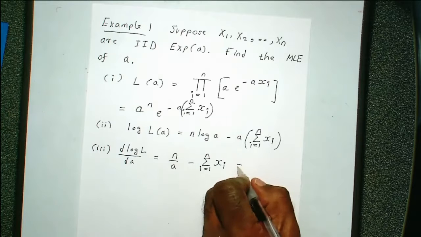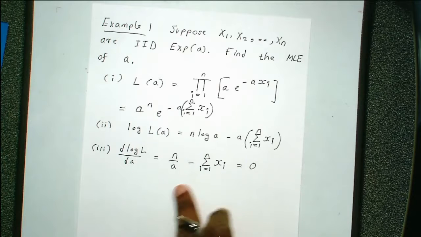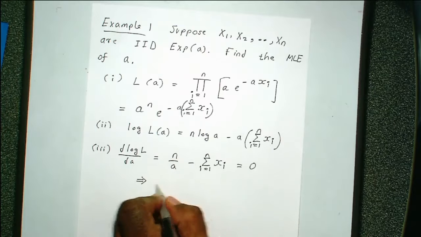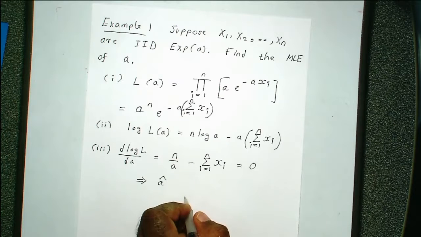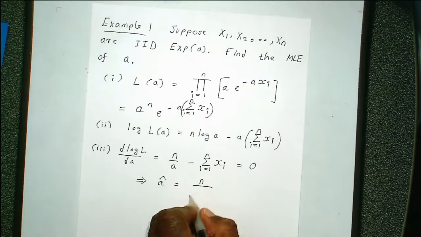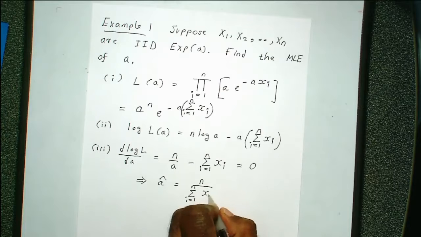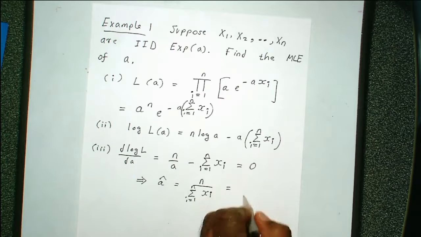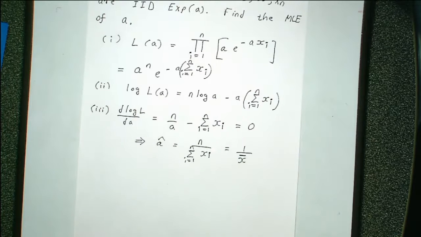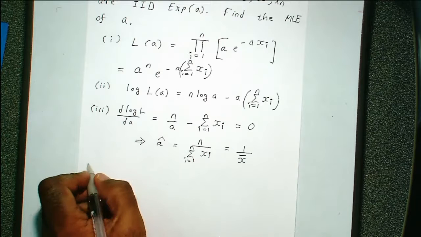Set this to 0. Now, if you solve this equation for A, you get A hat, the estimator for A, equal to n divided by the sum of xi, which is 1 divided by the sample mean. Remember, the sample mean is the sum of xi divided by n.